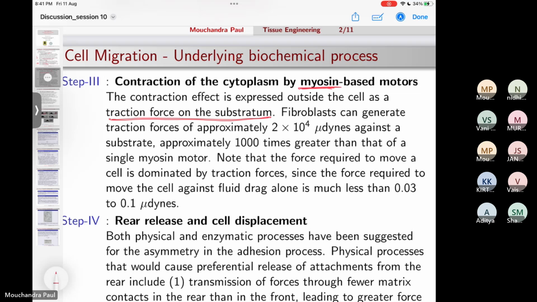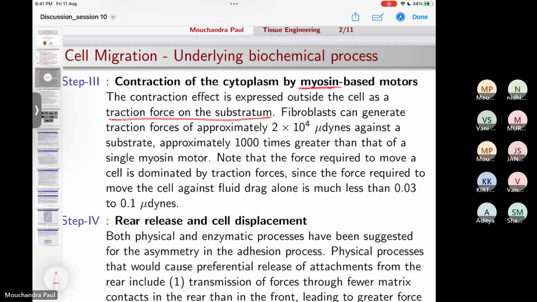What do you mean by traction force? You must be familiar with the term friction, right? Friction is a force that the substrate gives to the body to resist its motion, correct? If the friction is too high, the body is not going to move on the substrate.